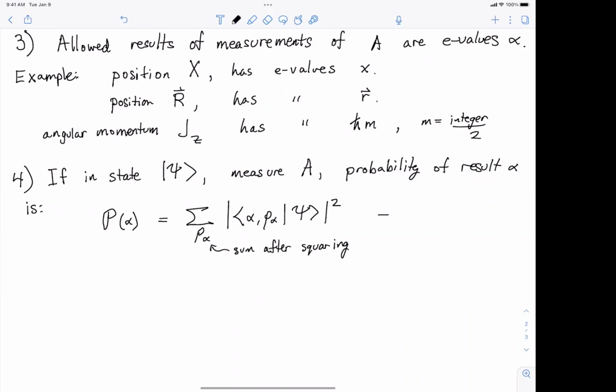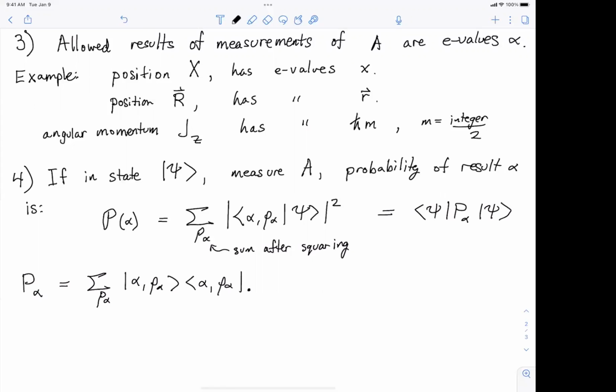Okay, and then the result, you can write a different way. You can write it as <psi|P_alpha|psi>, where that P alpha is an operator. It's the projection operator, which is written like this: sum over rho of alpha, the degeneracy label, |alpha, rho><alpha, rho|.